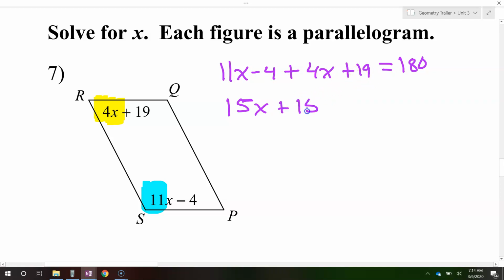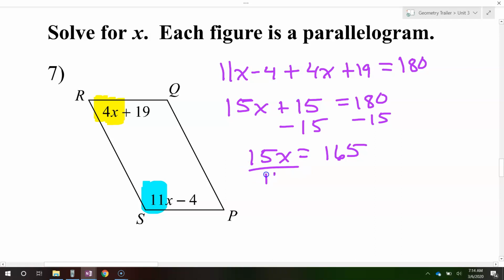So I'll put them together and I get 15. And that is equal to 180. So of course I will now subtract 15 from both sides. So that will give me 15x is equal to 165. And then I have to divide both sides by 15.